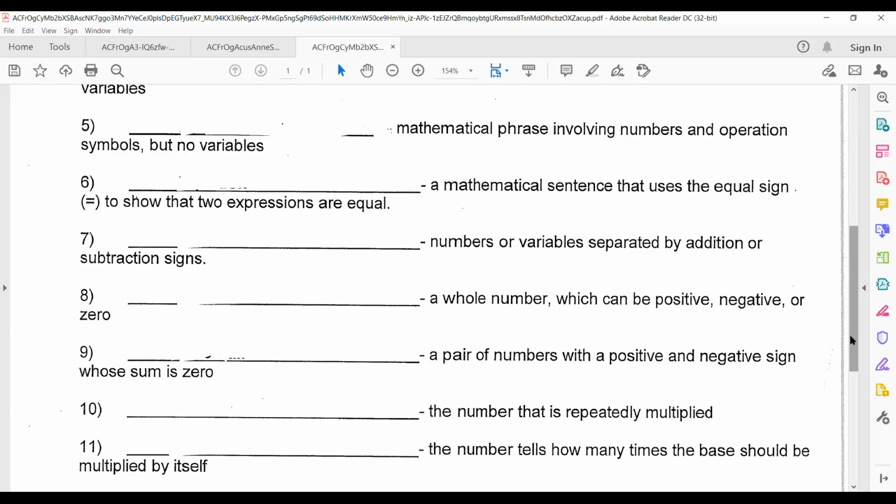Zero pairs come in extremely handy when we're solving equations. And whether you're talking about variables or integers, we can use them exactly the same way. And it may seem crazy at this point to say that negative x and positive x is a 0 pair, but it's true. They cancel each other out. Think about +1, -1. 0 pair.